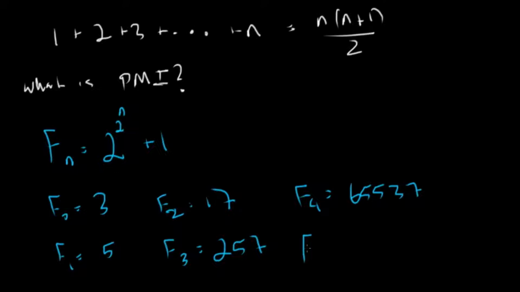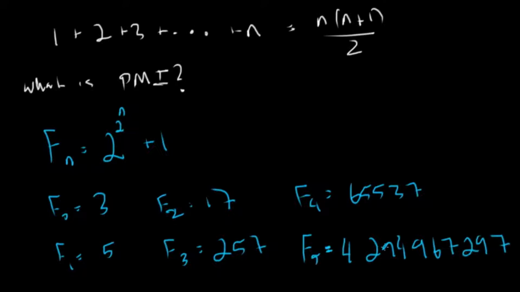But when you plug in 5, one might, with this sequence, assume that we're going to continually get primes, which turns out would have been a great thing for cryptography. But if you plug in 5, you get 4,294,967,297.